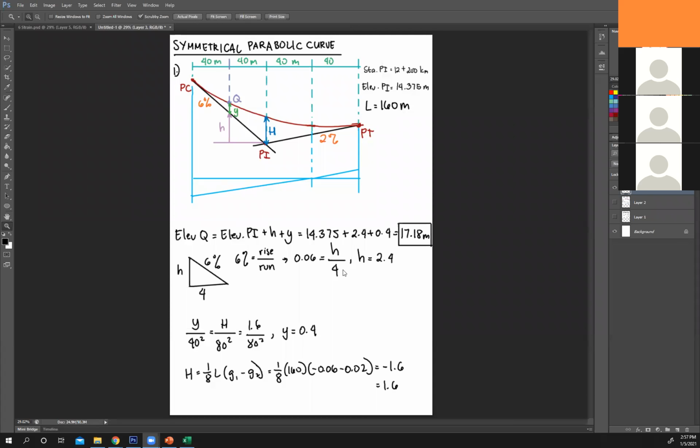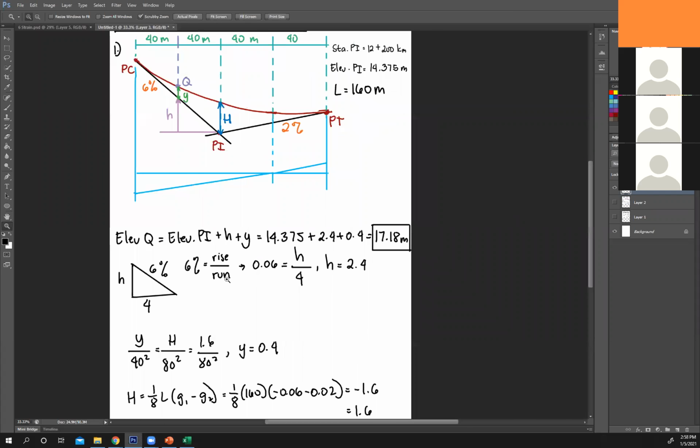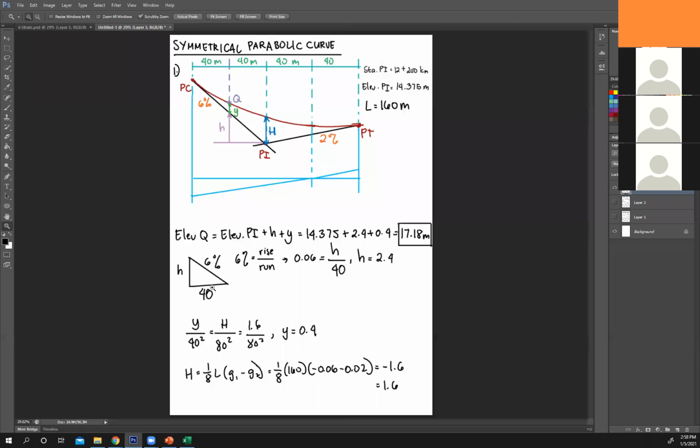This is 40. Rise over run. Yes. Thank you for pointing that out. It's 40. Okay, thank you. And it's 40. Okay, any other questions? All right.